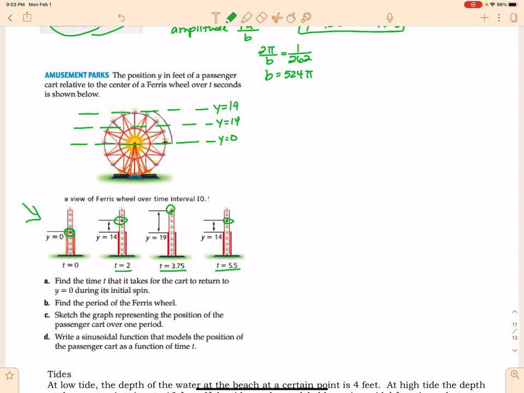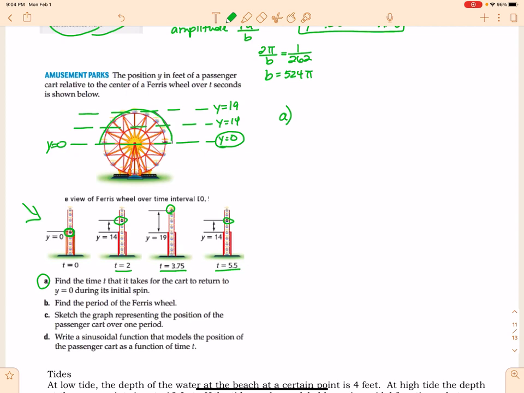All right, so when we're answering questions about this, A, find the time t it takes for the cart to return to y equals 0 during its initial spin. So for part A, we want to know how long it takes from here all the way around to there again. How long does it take to move through half of the Ferris wheel?